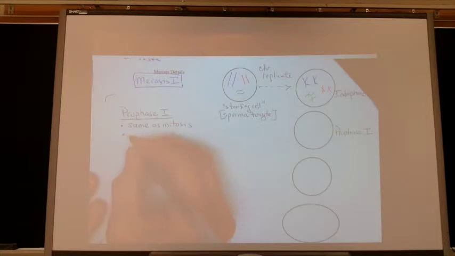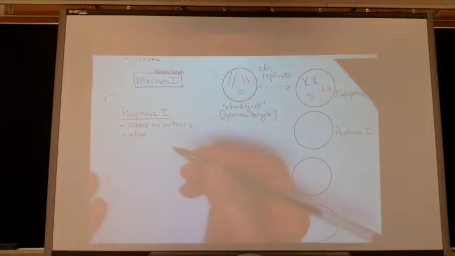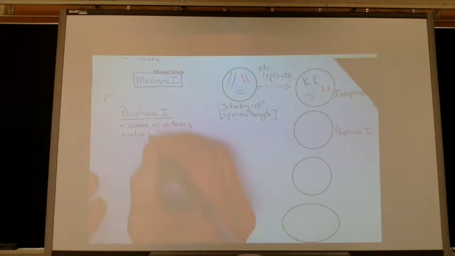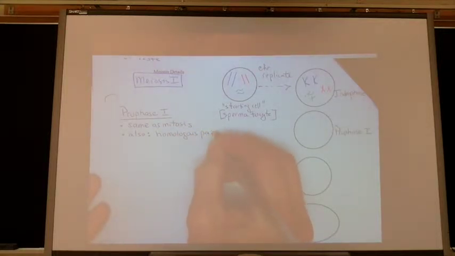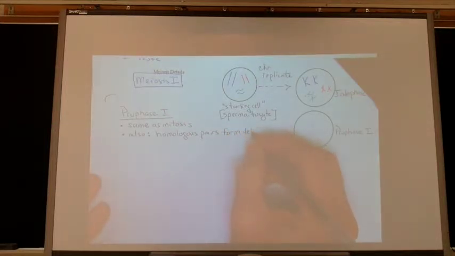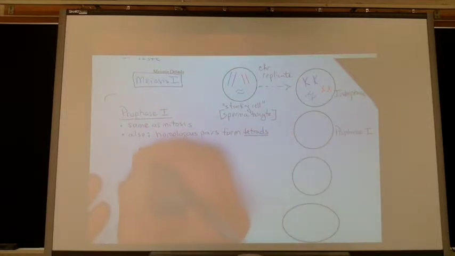But something that does happen that's unique to meiosis and unique to prophase 1 is a process called crossing over. So what I mean by that is homologous pairs will form tetrads. I'll draw you a picture of what I mean. They form tetrads, and they do what's called crossing over.